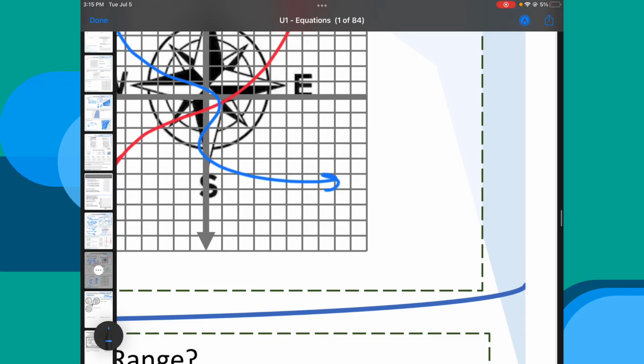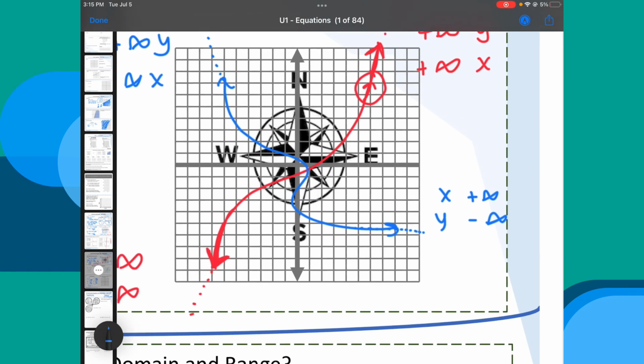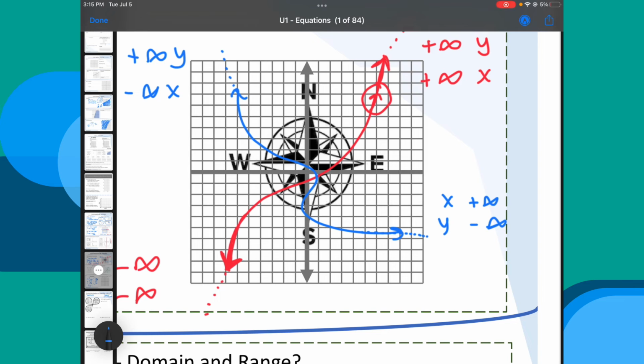On this side of our graph, our x is very clearly going to the right and going to positive infinity, but our y value, we are slowly going down, so we would be going in the negative direction. So I like to use cardinal directions to help me understand that the graph is moving two directions at once. It's going northeast or southwest, or maybe it's going southeast.